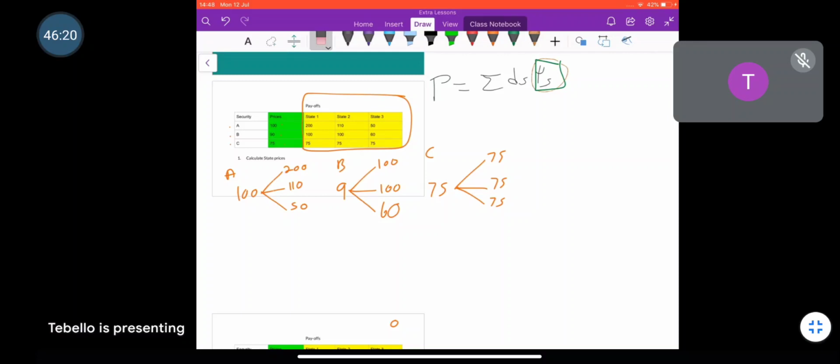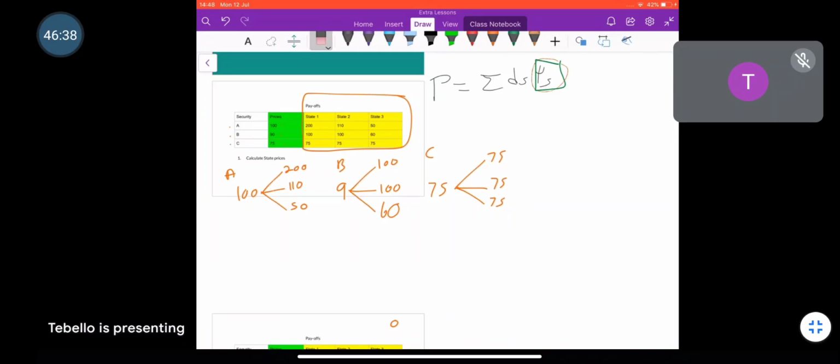So the state pricing will be unique. This is what they mean by a complete market. Each state will have its own state price. Okay, cool. Thanks so much.